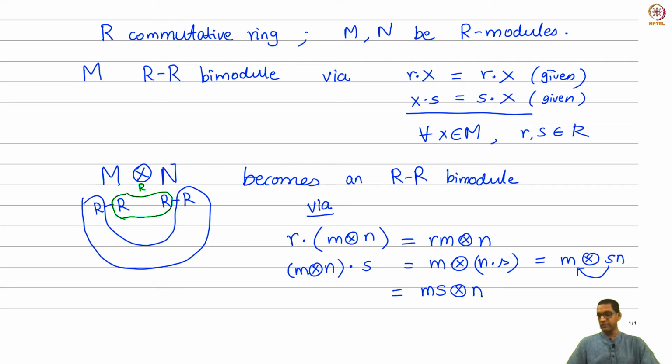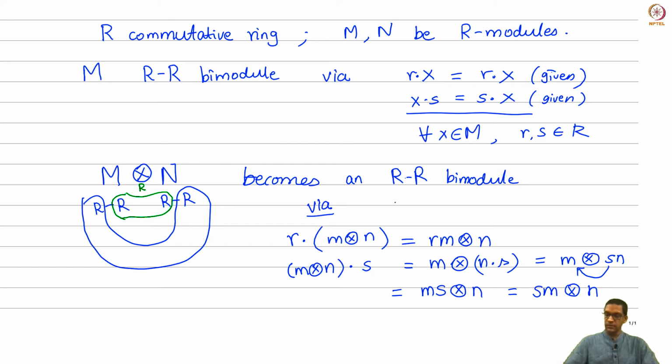This is another way of thinking about it, but ms is the same as sm, because that's the definition, tensor n. In other words, if I replace the s by r everywhere, observe that if you put r equals s, then these two actions are actually the same. So right multiplication by r and left multiplication by r on the tensor product are given by the same thing, which you can think of either way.